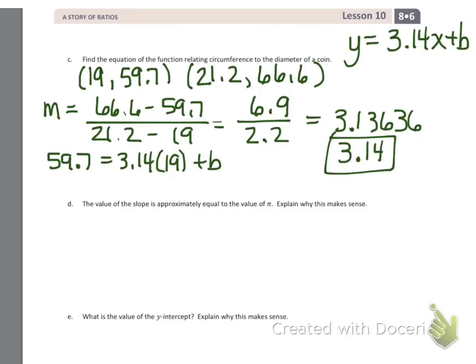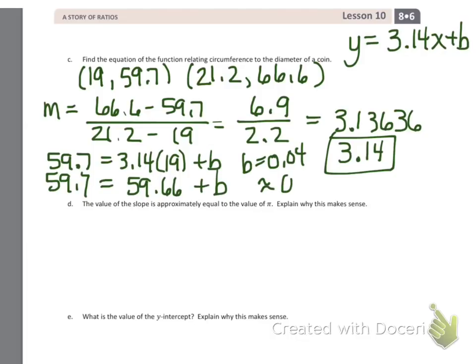So 59.7 is equal to, and this multiplied out is 59.66, plus b. So b is equal to 0.04 here, which is approximately 0.